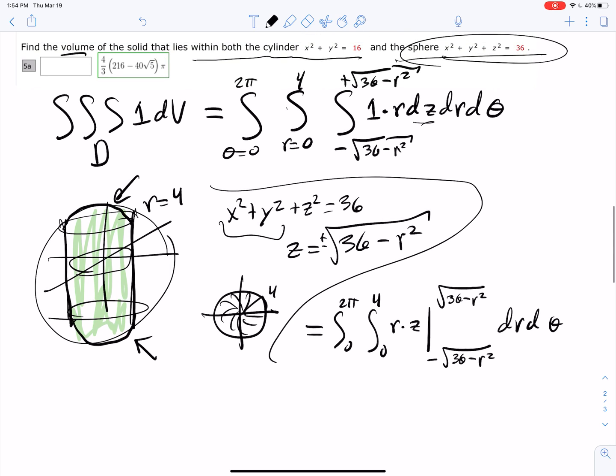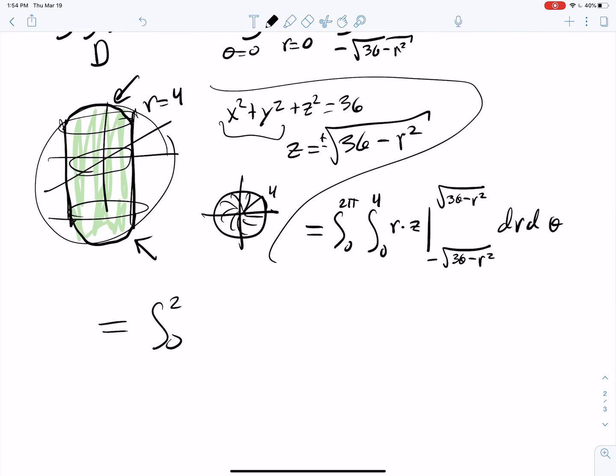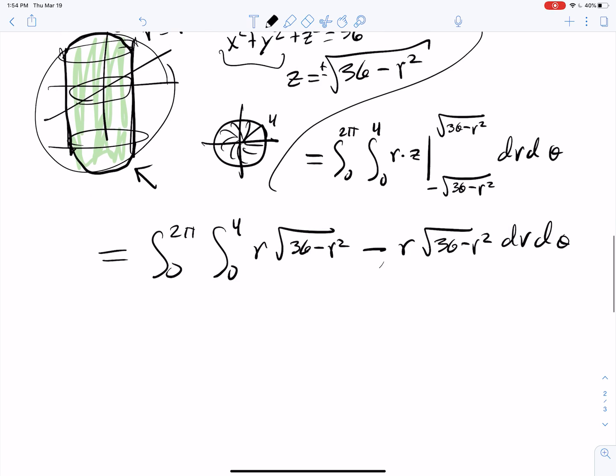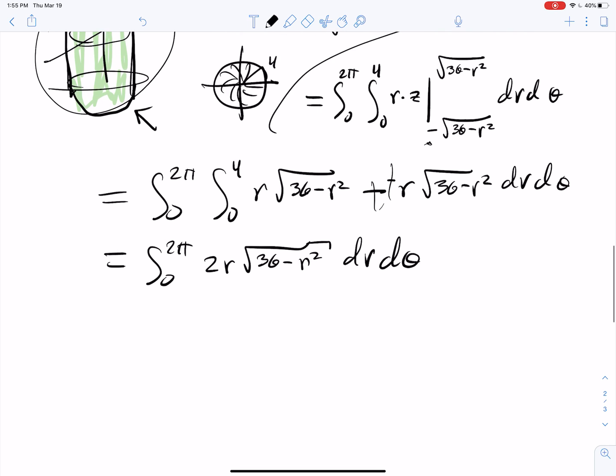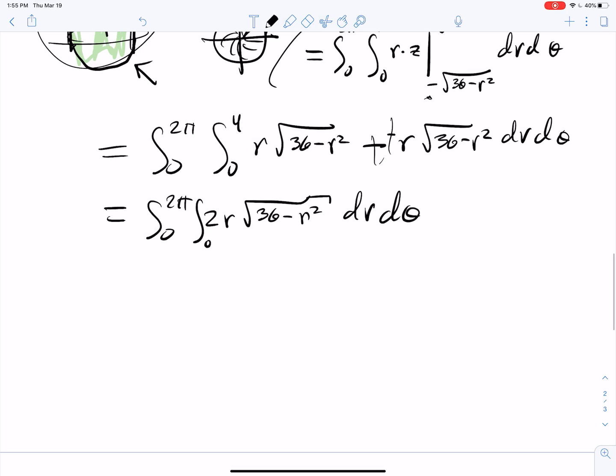And when I put that in, I'm going to get r root 36 minus r squared minus r root 36 minus r squared dr d theta. But that's, of course, just equal to 2 of those. Sorry, minus a minus, because we're subtracting and there's this minus sign. So that's going to become plus. So there's going to be 2r root 36 minus r squared dr d theta.